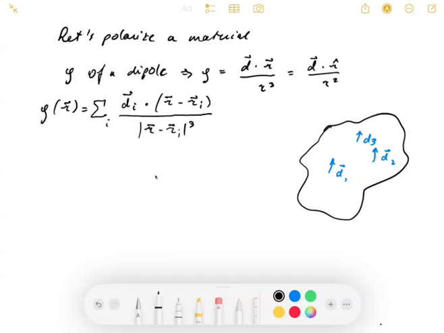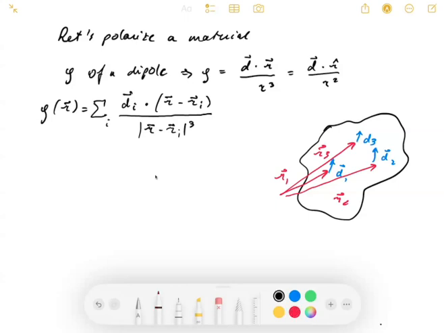It's not a unit vector, so we need the r cubed version. So the ri's are basically pointing, this is r1, that's r2, and that's r3. Of course, those vectors are supposed to point to the center of the dipole moment, but that's okay.